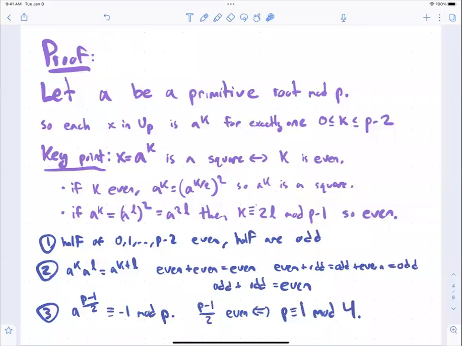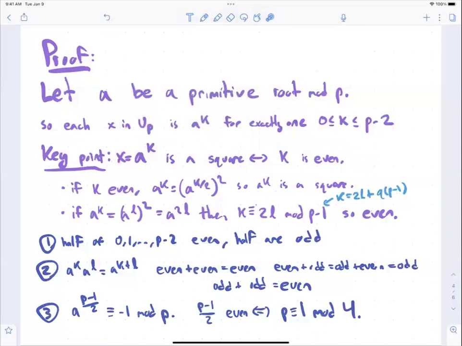But that means k is equal to 2l plus some multiple of p minus 1. Well, 2l is even, and p minus 1 is even, because p was an odd prime. So this whole thing is even, so k had to be even. Good, so if a to the k is a square, then in fact k has to be even. We already saw that if k is even, then a to the k is a square. So these are really the same thing. And again, somehow this is crucial.